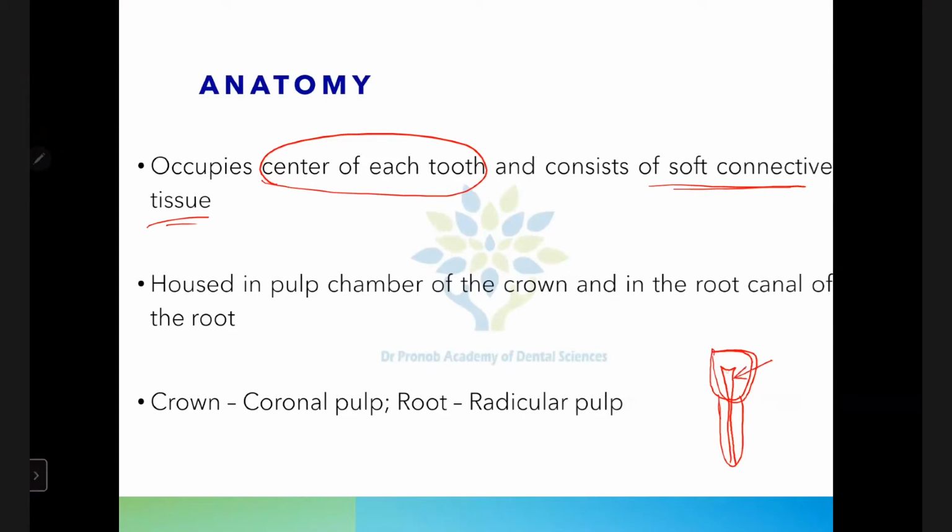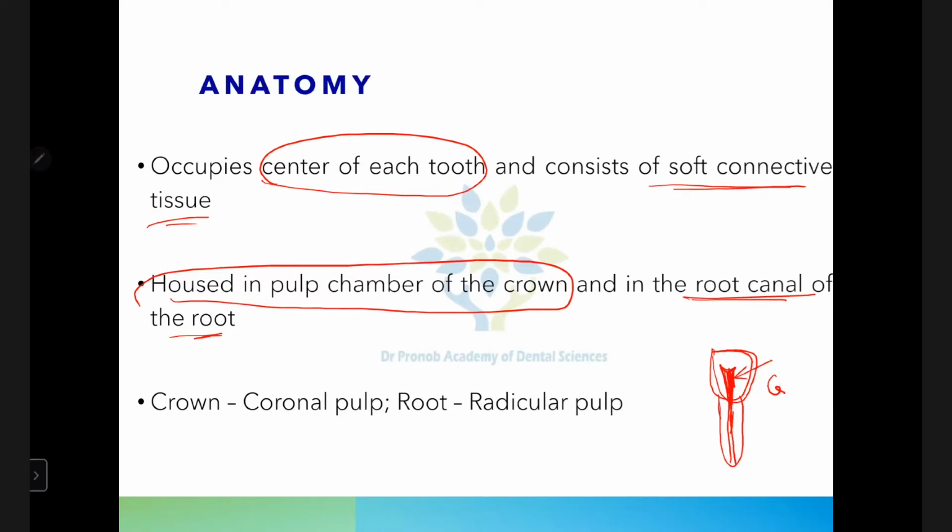This pulp is housed in the pulp chamber of the crown and also in the root canal of the root. So we have the pulp in the crown and the pulp in the root also.